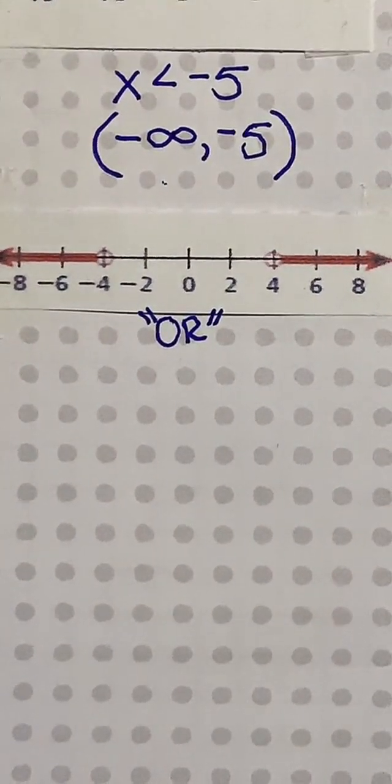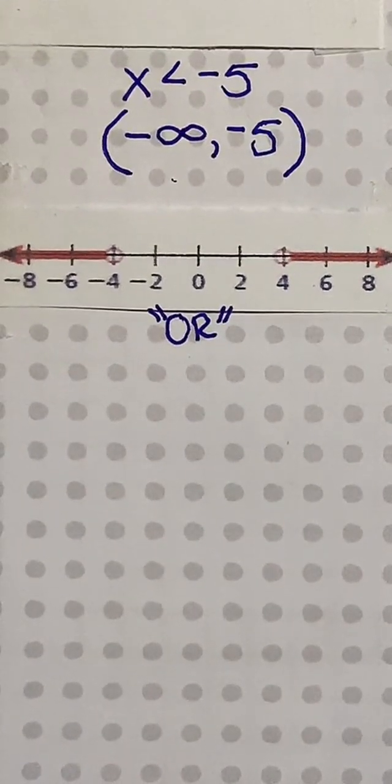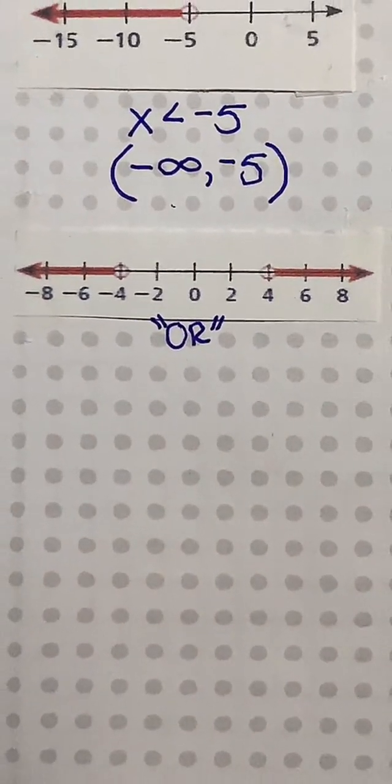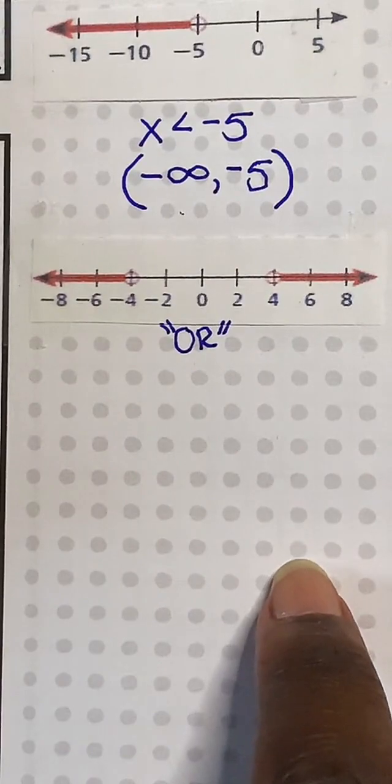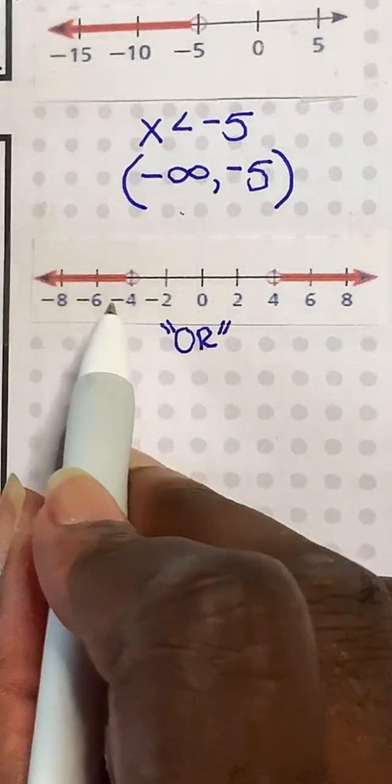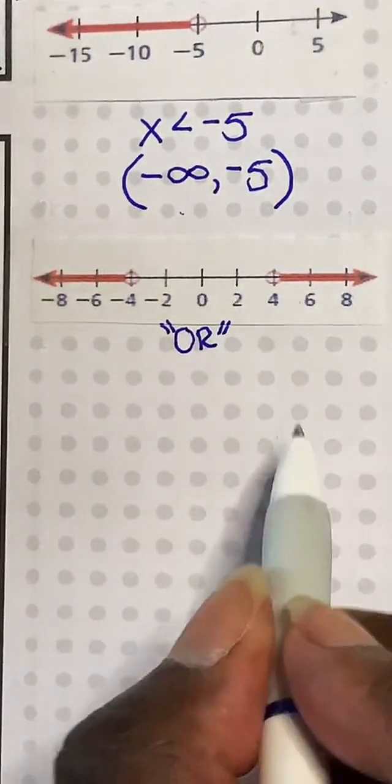But we can still do our inequalities. So that means we're going to have two separate inequalities.